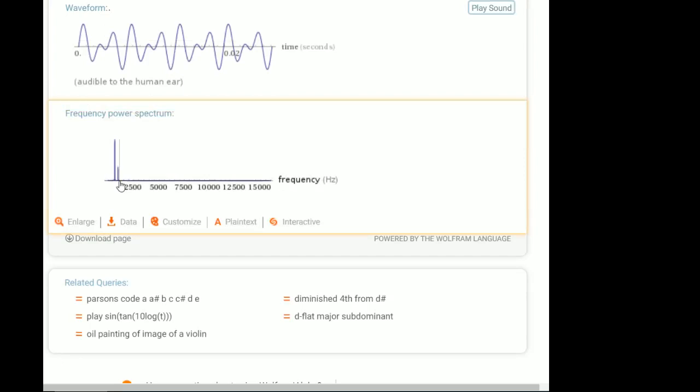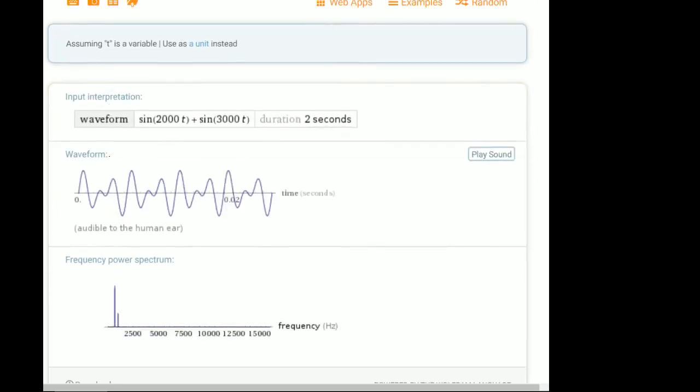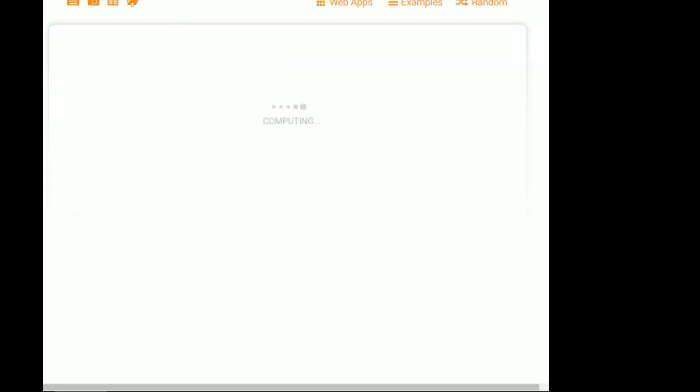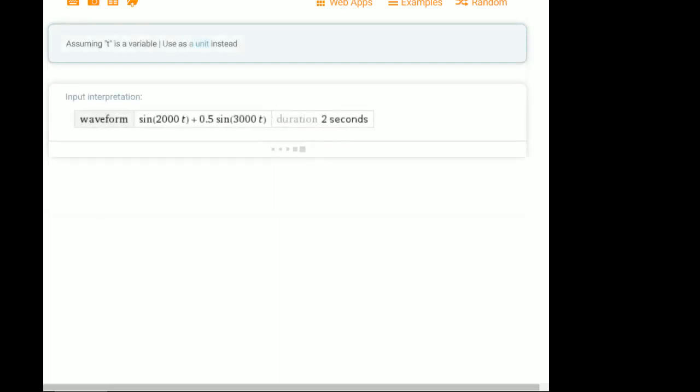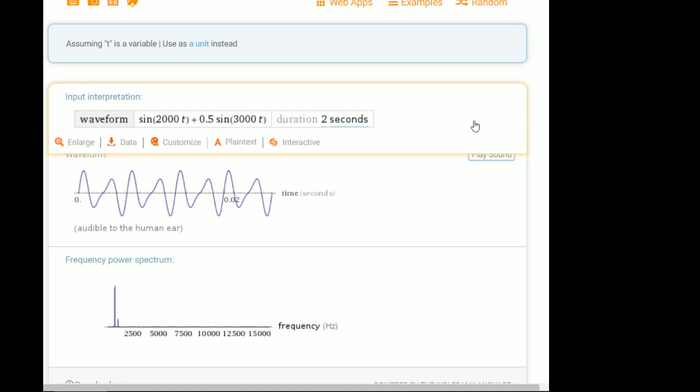Here we have two frequencies, but the problem is that we have not set an amplitude. So I'm going to put 1/2 in front. So it means you have 0.5 times this frequency and 1 times this frequency, and you can see that the signal is slightly different.